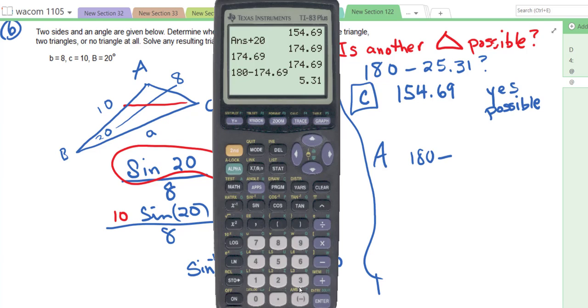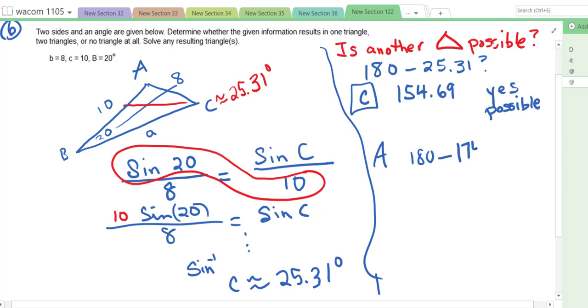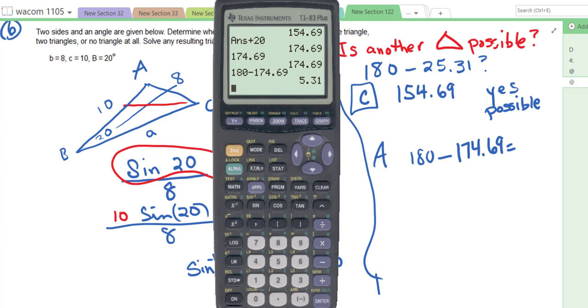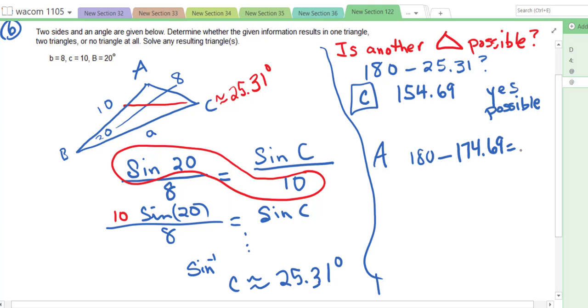All right, so 5.31. All right, so our A, 5.31. The B stays the same.